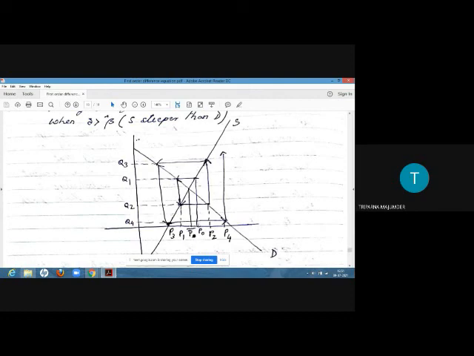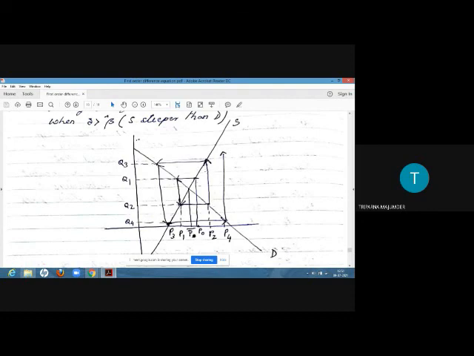Now our P0 is greater than P bar, initial condition. So what do we have in the initial condition? Here demand is this much, supply is greater, demand is greater than supply. So we move here, and at that quantity of demand, the price of supply is this.